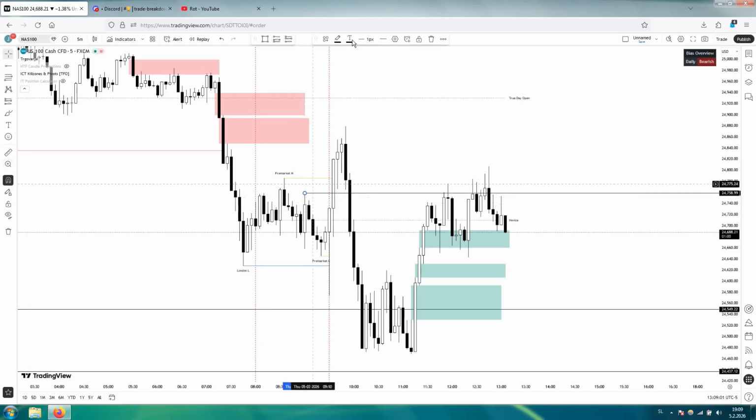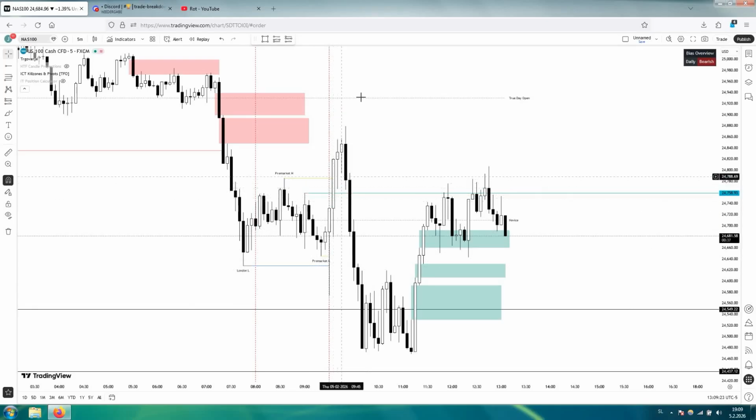I put a little blue line on top of this swing high. Why? Because should we close above the swing high after sweeping the liquidity to the downside, that should tell us that we have indeed swept liquidity and we are now getting ready to go upwards.